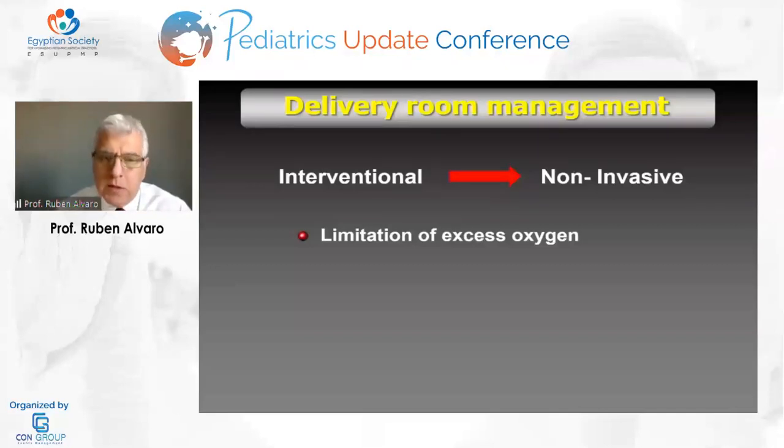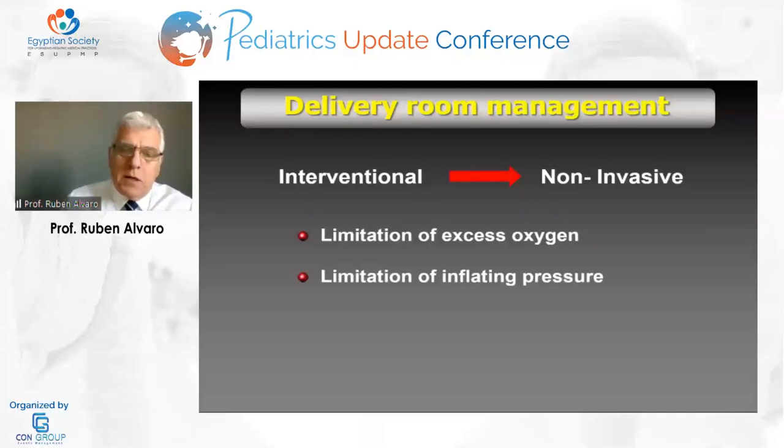We don't start with 100%, and we don't automatically increase the oxygen just because the baby is not pink enough. So always adjust the FiO2 according to the saturations that we obtain from the pre-ductal sample. Second, if you're going to use PPV, be sure that you limit the inflating pressure and you always have a pressure gauge that is monitoring how much pressure you are delivering to those lungs.